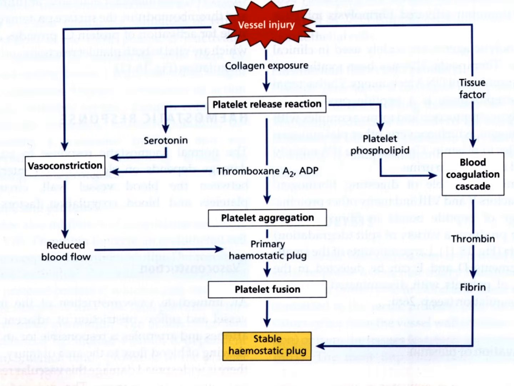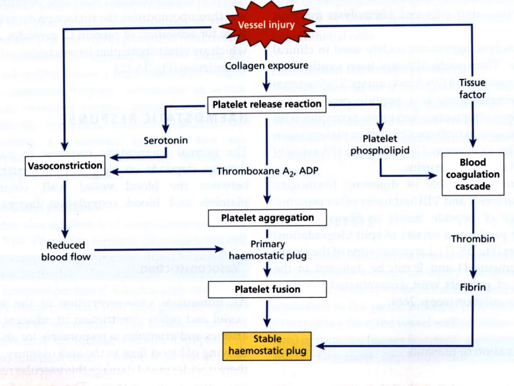It will also be responsible for liberating thromboxane A2 as well as ADP that will help in the process of platelet aggregation and ultimately forming the primary hemostatic plug that will result in fusion of platelets together. The third thing that will happen is activation of the platelet phospholipid that will help the blood coagulation cascade, which will be discussed in another presentation by Dr. Aasi, to release thrombin followed by fibrin and ultimately forming the stable hemostatic plug.